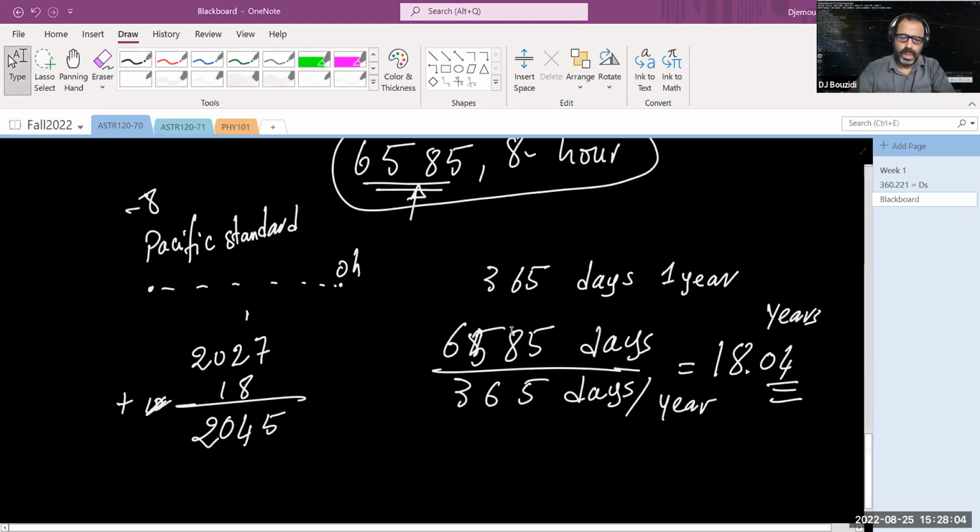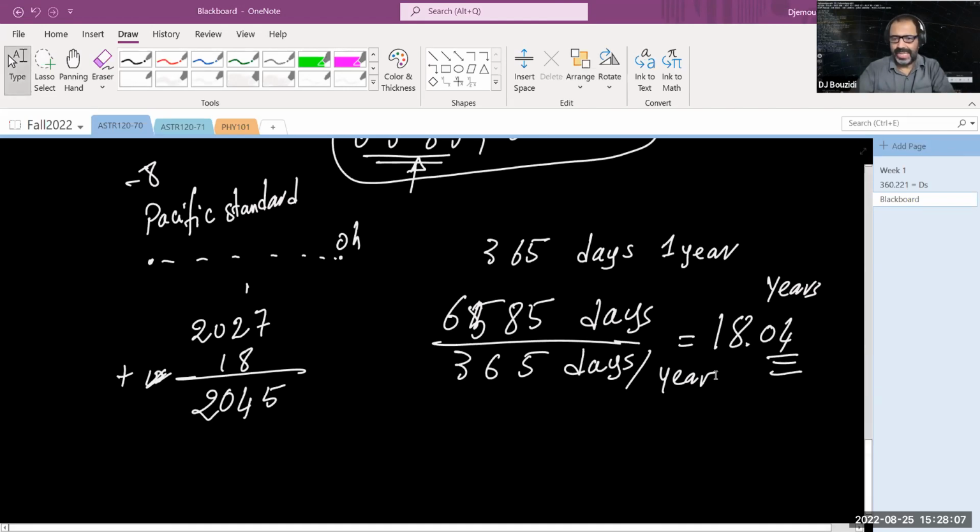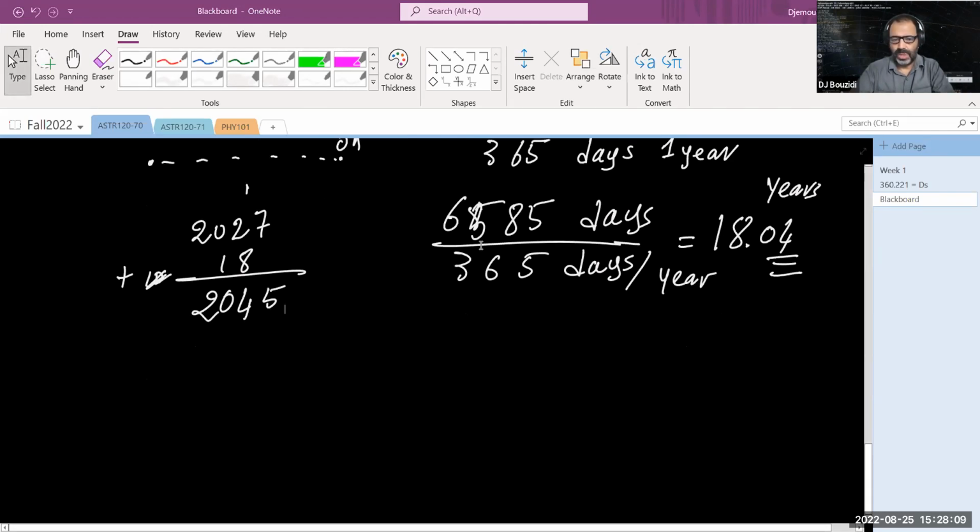That's easy. How many days after 18 years has really lapsed? We want to find 6,585 days. 18 years times 365 days, according to this calculator, is 6,570.